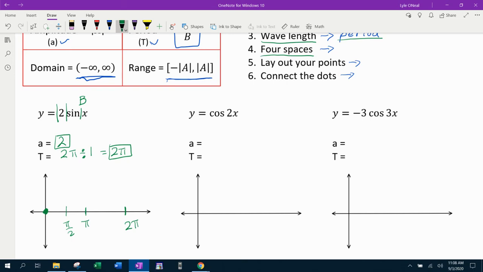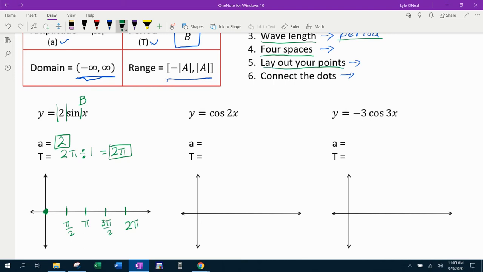If this is a pi, then this would be half of a pi. And then I'm going to cut this guy in half, okay? So if I count by halves, that is 1, 2, 3 halves. So that'll be 3 pi over 2. Kind of important to know how to label those. Okay, so that takes care of our 4 spaces.